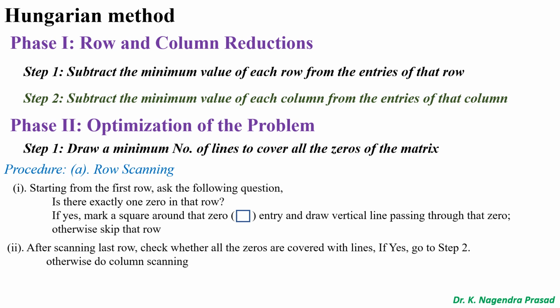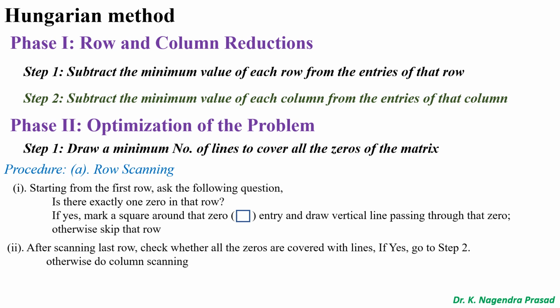If yes, then mark a square around that 0 and draw a vertical line passing through that 0. Otherwise, skip that row. If the row has more than 1 zero, then skip that row.